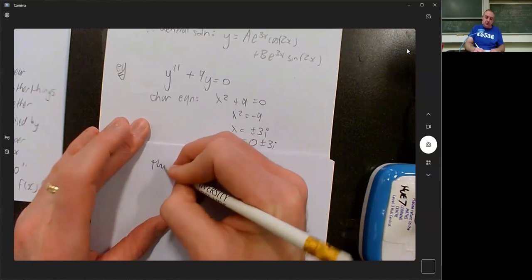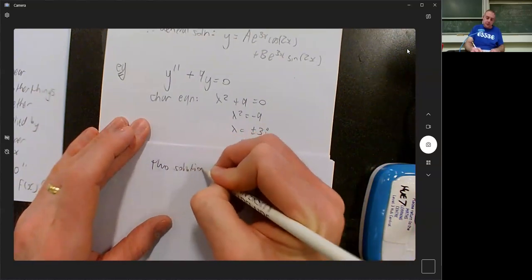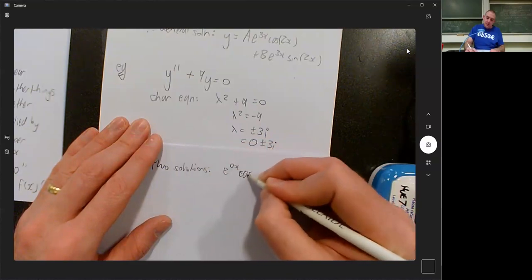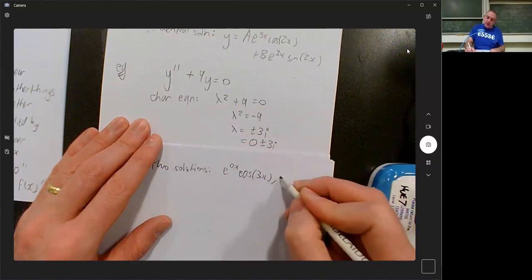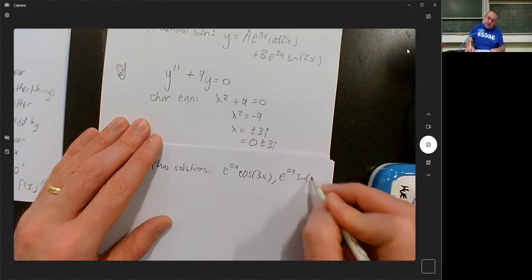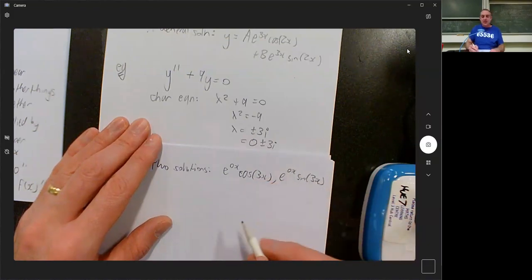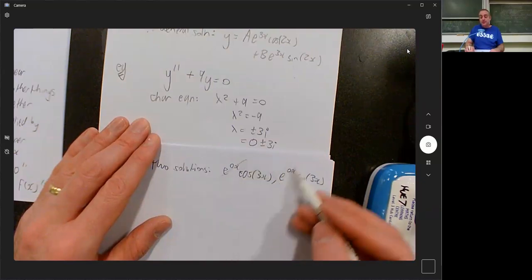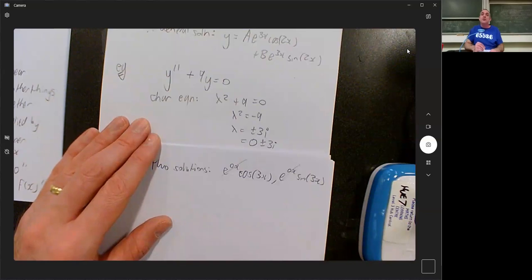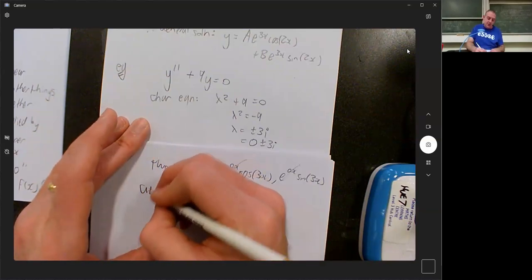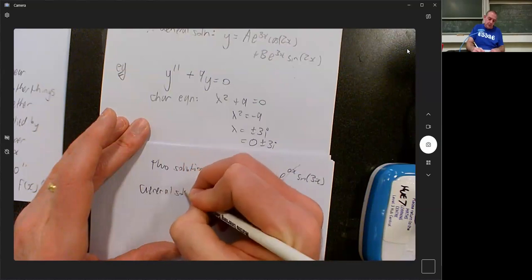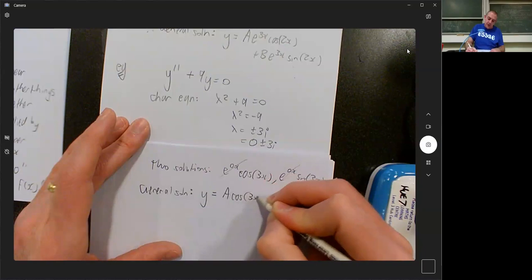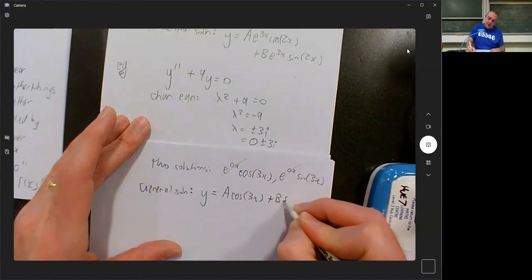And so two solutions are e to the 0x cos of 3x and e to the 0x sine of 3x, which, and e to the 0x is e to the power of 0, and anything to the power of 0 is 1. And 1 times cos of 3x is cos of 3x. And so therefore the general solution is y equals something cos of 3x plus something sine of 3x.